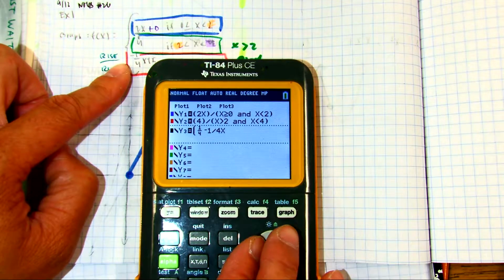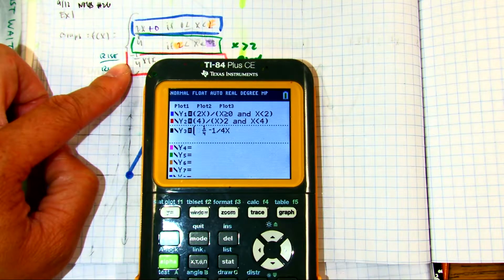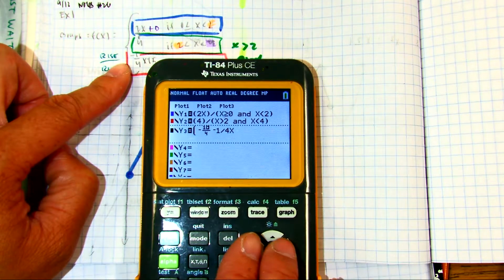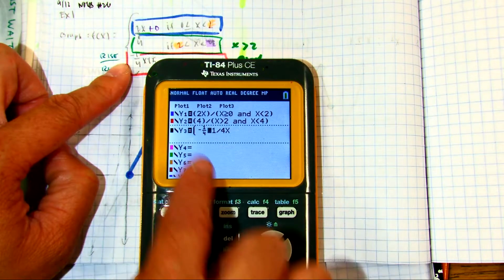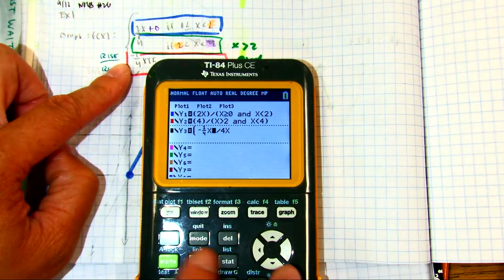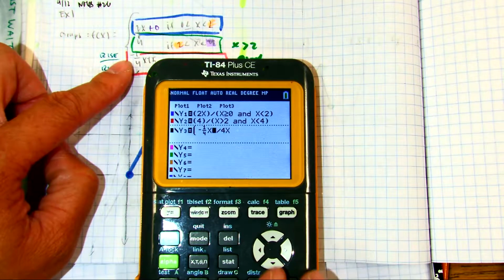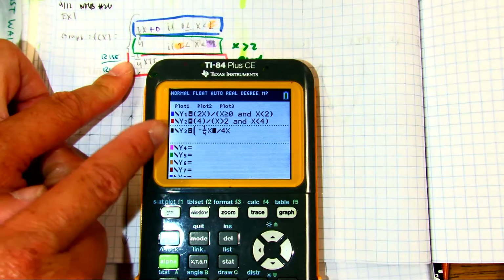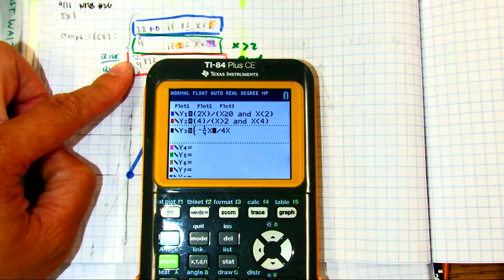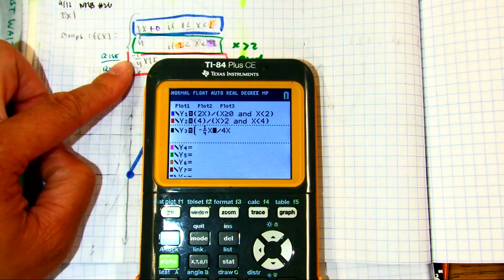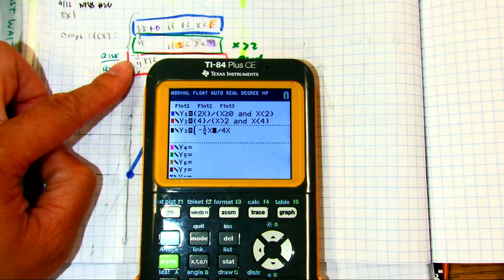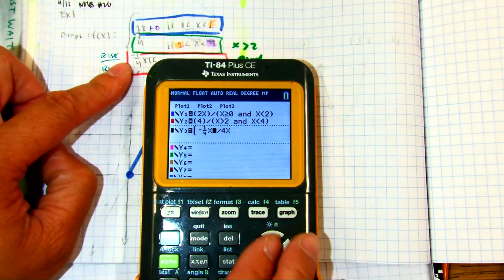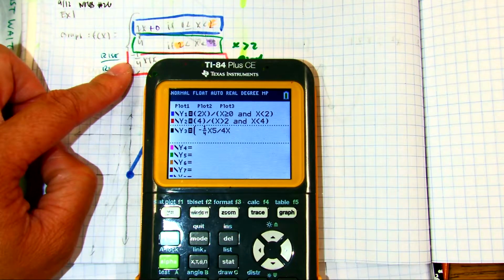Oh no, I want it negative. You just push over to get out of the fraction. Negative 1/4 x. And the reason why I did that is because I don't want the calculator to think that the x is in the denominator. So I don't want it to say 1 over 4x. Does that make sense? That would be bad. Plus 5. Close my parentheses.